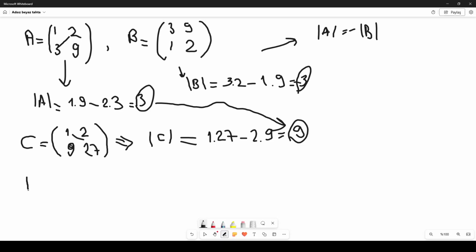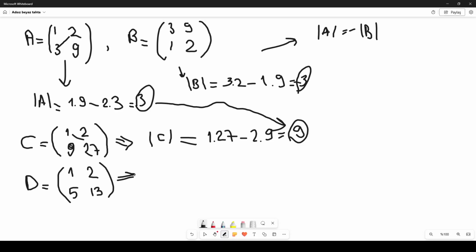How about another matrix? Say we are given another matrix T, and let's give some name to matrix T. Say this is 1, 2, and 5, 13.